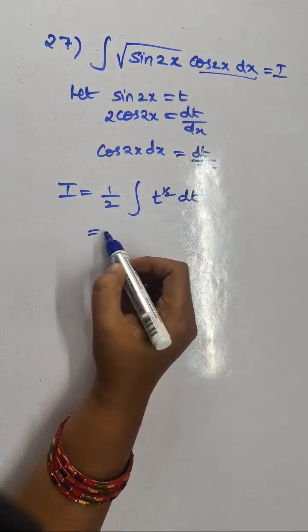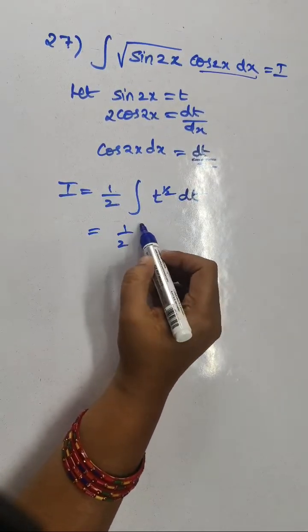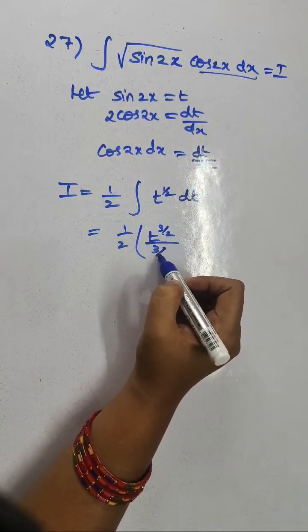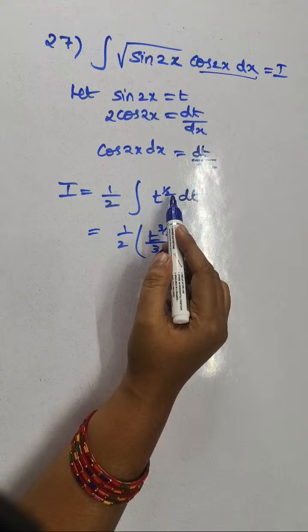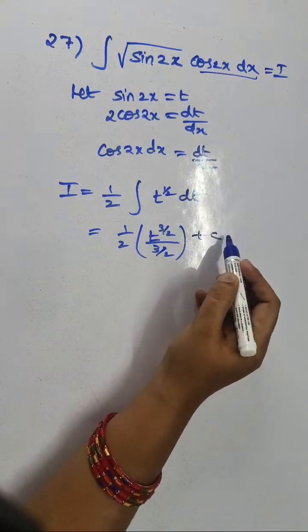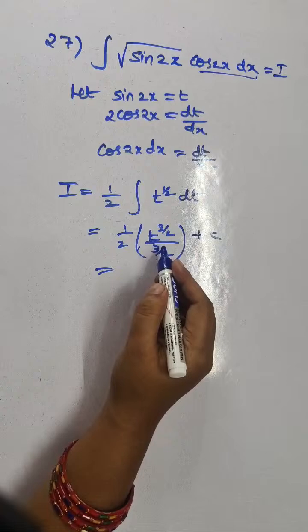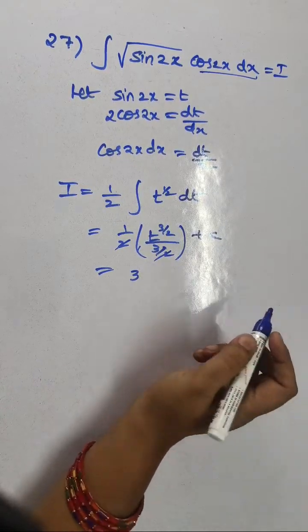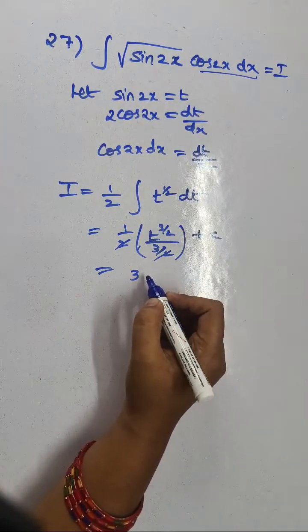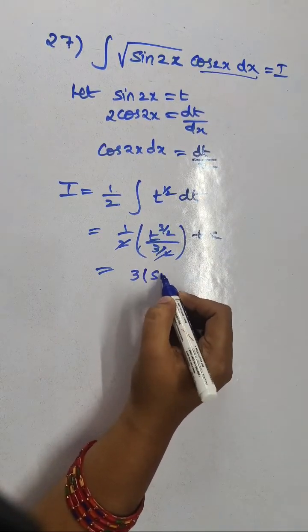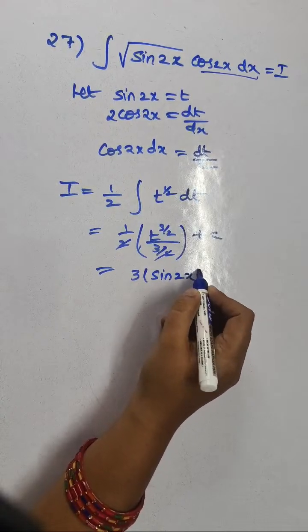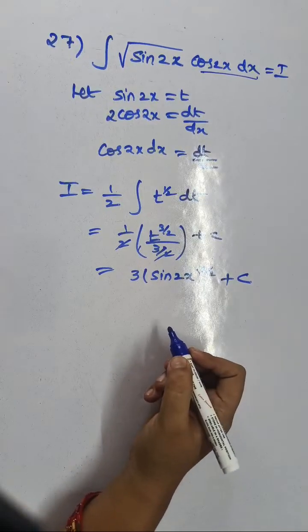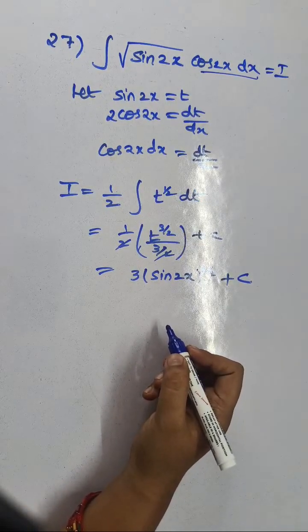For integrating, use the power rule, that becomes t power 3 by 2 by 3 by 2, because when you add 1 to this 1 by 2, you will get 3 by 2. Now, this will become reciprocal. So, 2 and 2 will get cancelled. So, we will get it as 1 by 3 into, replace t in terms of x, that is sine 2x the whole power 3 by 2, plus c. This is the required answer.